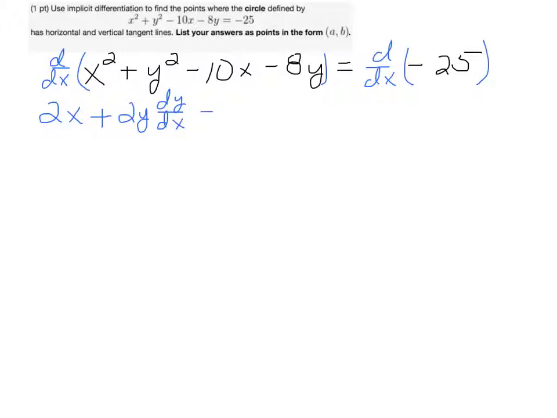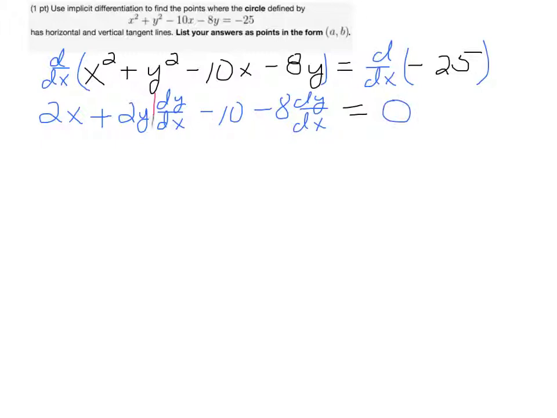Then we differentiate the minus 10x, and we simply get minus 10 because we're differentiating with respect to x. And then we differentiate minus 8y, and there we get minus 8 dy/dx. Okay, and that equals the derivative of minus 25. That's a constant, so that's equal to 0.